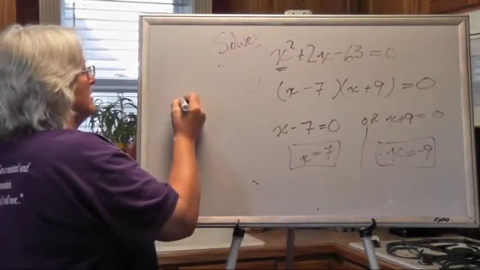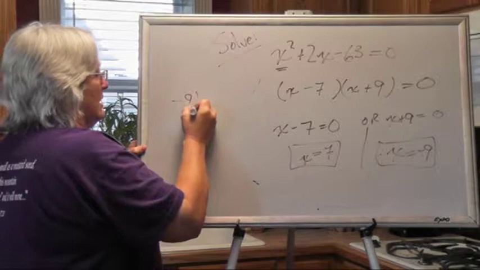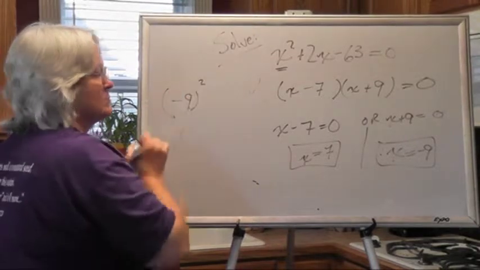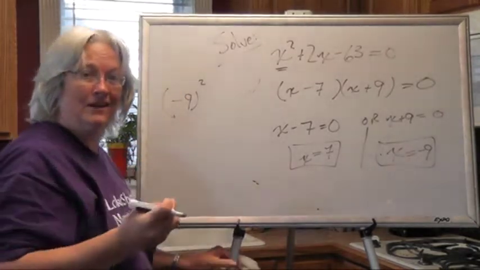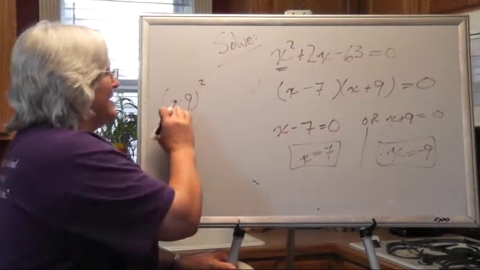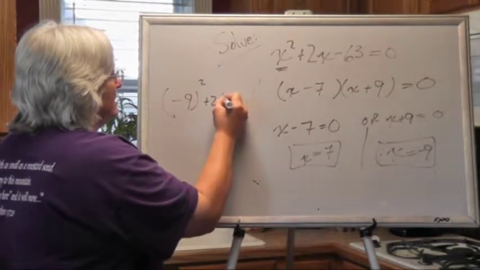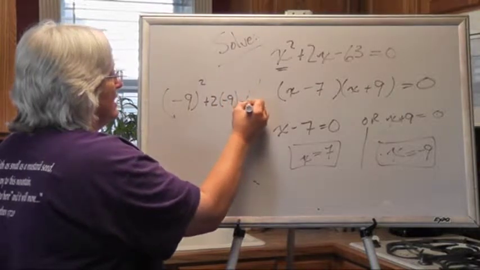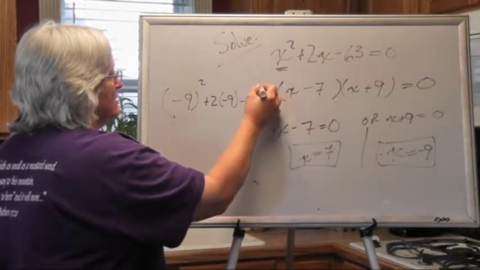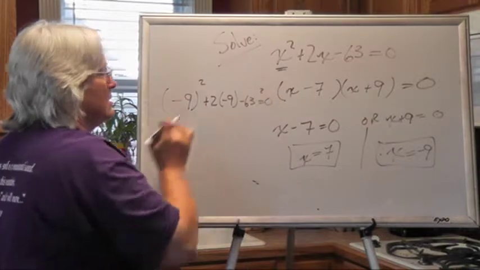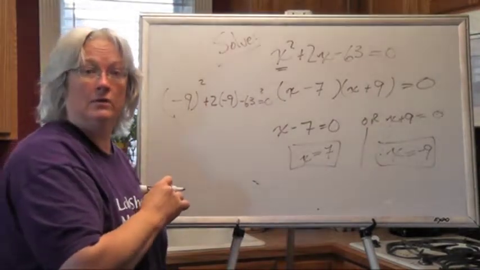Well, negative 9 in parentheses squared, because you're not squaring 9, you're squaring negative 9, plus 2 times negative 9 minus 63. Is that equal to 0? What's negative 9 squared?